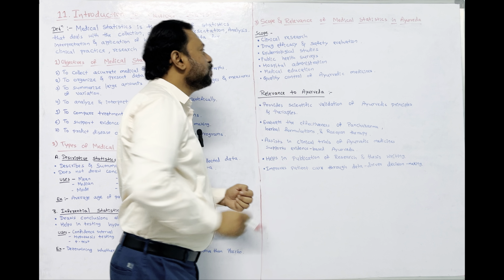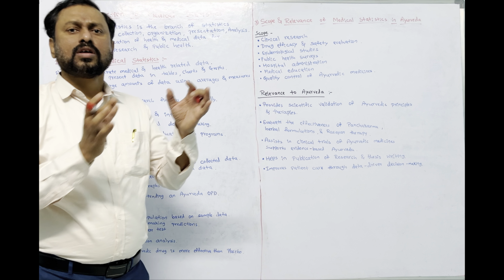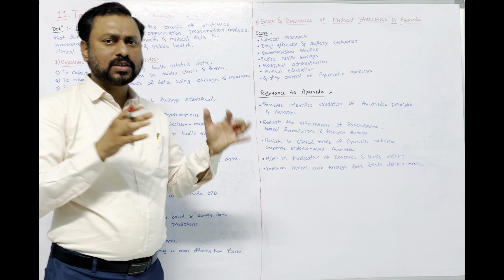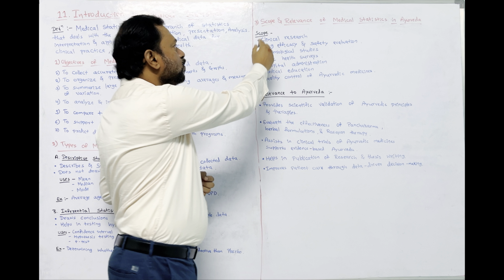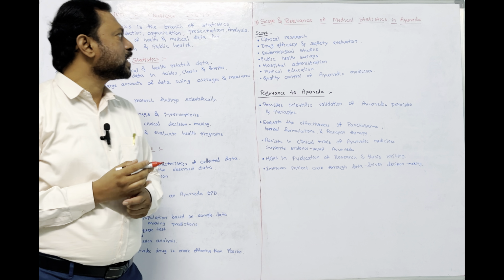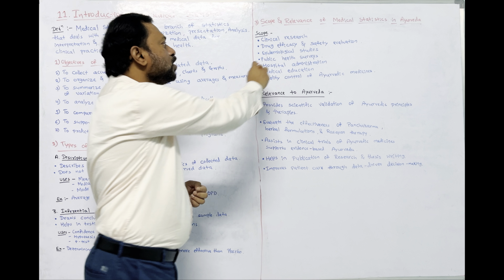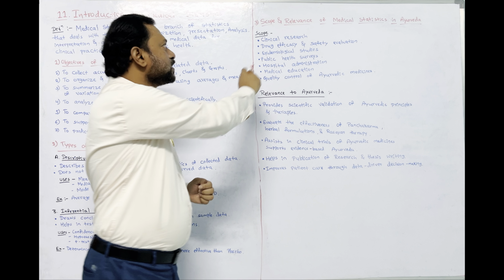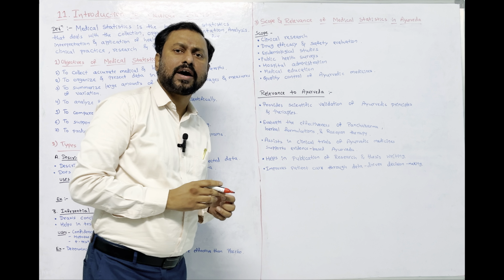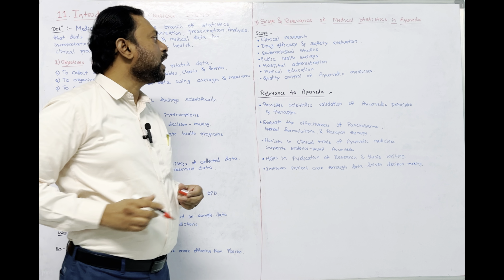The next one, epidemiology, that is assuming which Vataja, Pittaja, Kaphaja disease occurs in which season, for prediction as well as assumption, we use epidemiological studies with medical statistics. The next one, public health surveys. Why do public health surveys? In those cases also we use medical statistics. The next one, hospital administration.